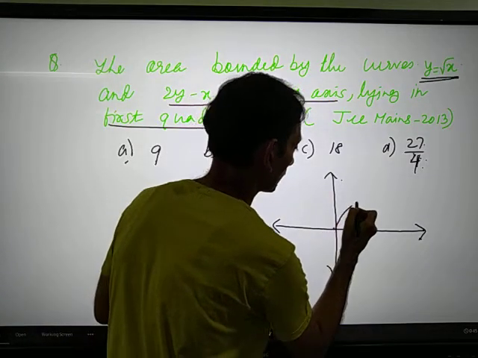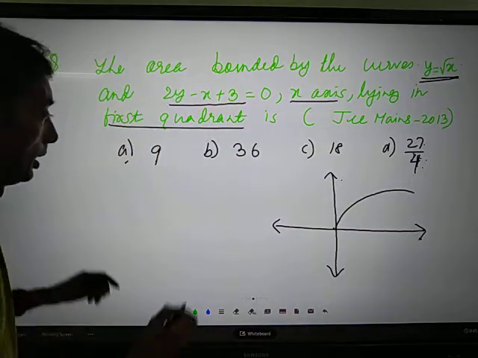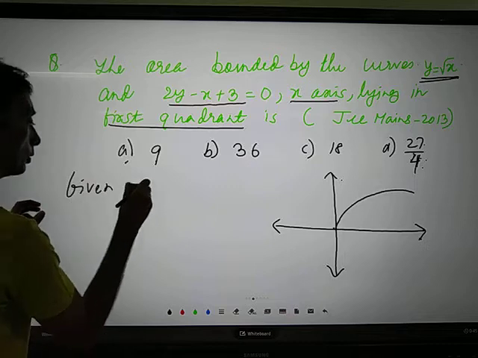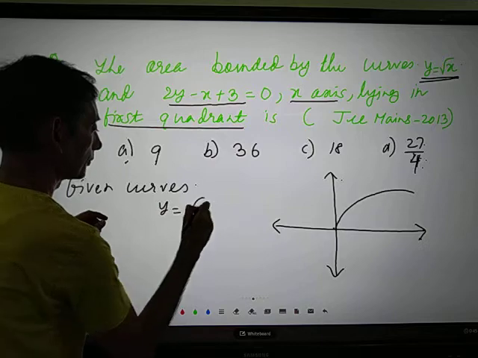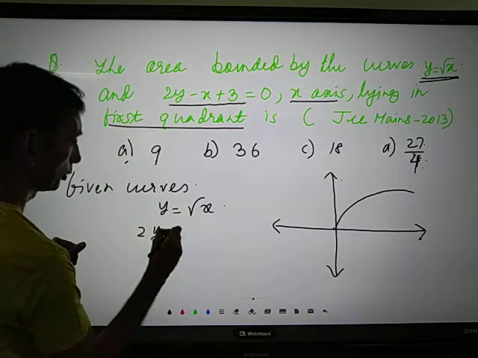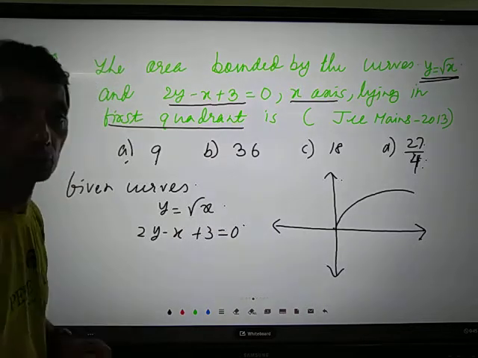So this is a parabola, that's y is equal to root x, the given curve, and the line is 2y minus x plus 3 equal to 0. Then we'll draw the line.